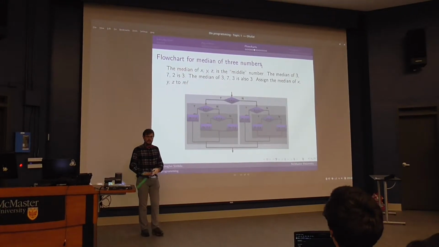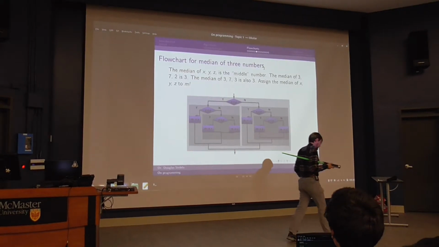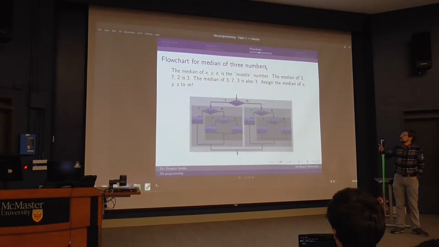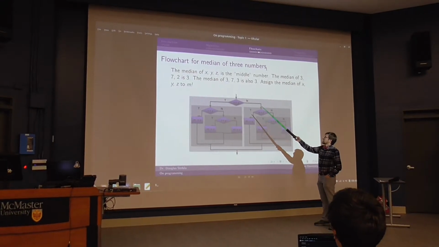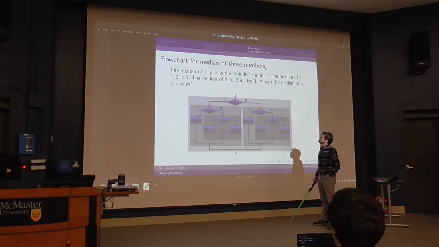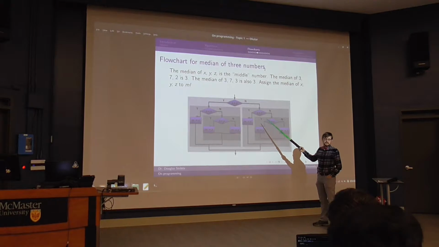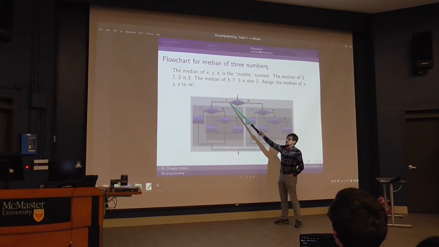let's examine the following program, expressed as a flowchart. The purpose of this program is to calculate the median of three numbers, x, y, and z. So we can accomplish this with a branching tree of, what are these things called?